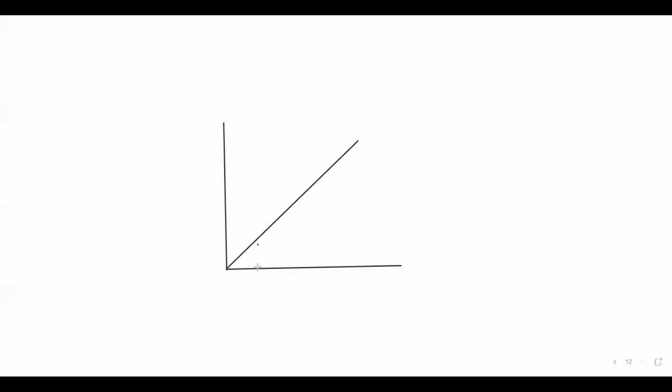I'm just marking some points here. As usual, time is taken on the x-axis. So let's say this one is T1, T2, and T3, and this one, let's say x1, x2, and this one is x3.